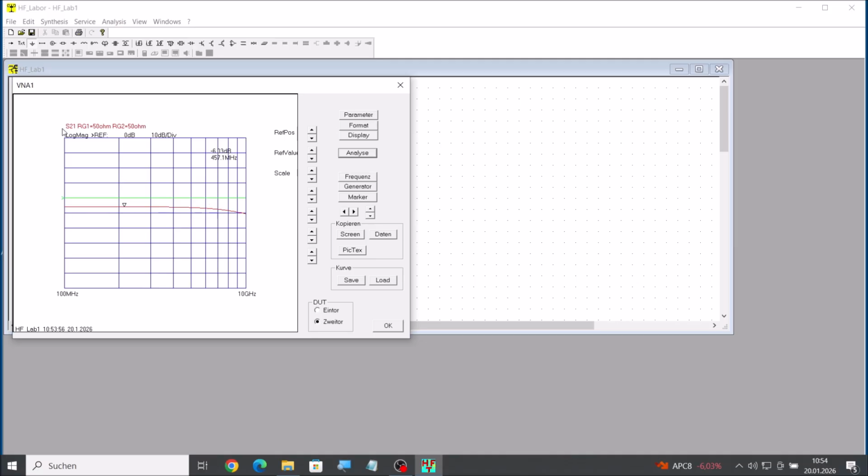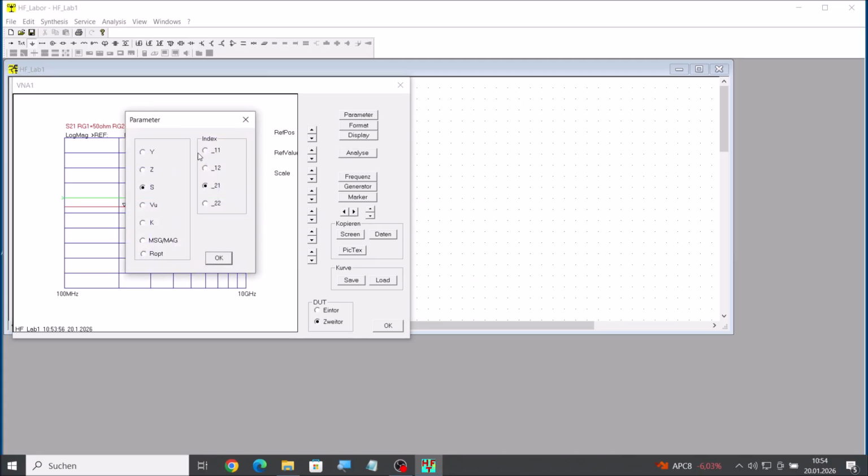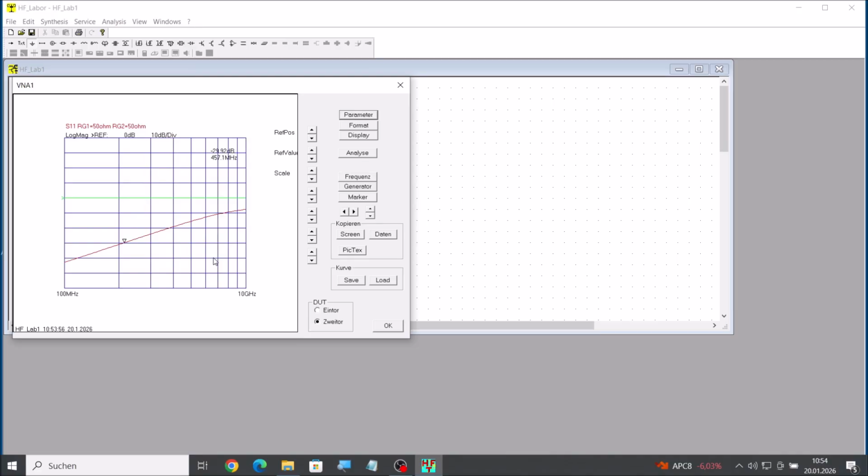This means the insertion loss becomes bigger, and we also will see some reflections. You see the capacitor results in the reflection coefficient S11 increasing with increasing frequency.